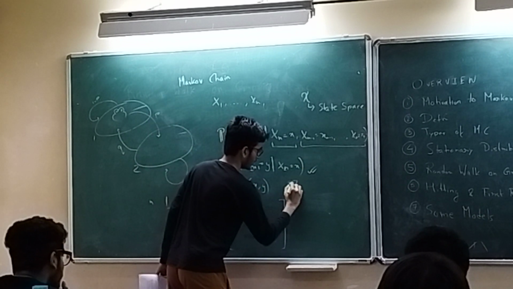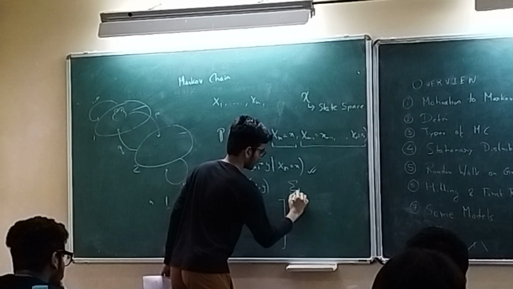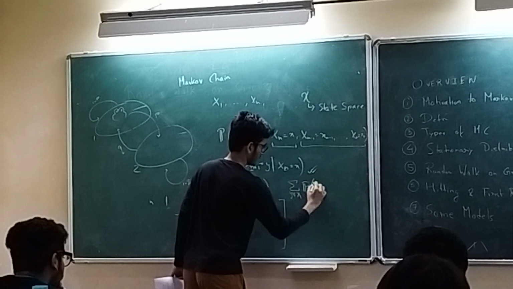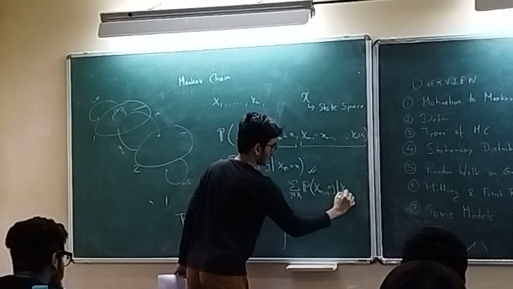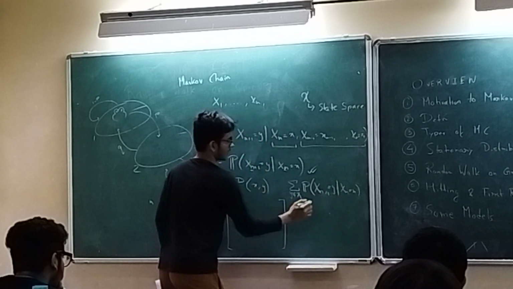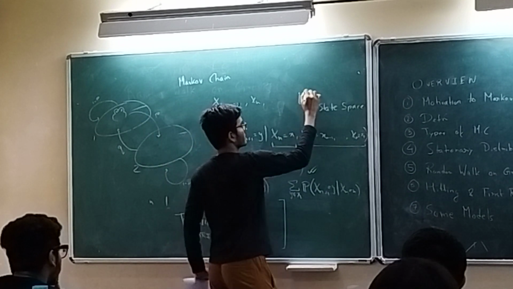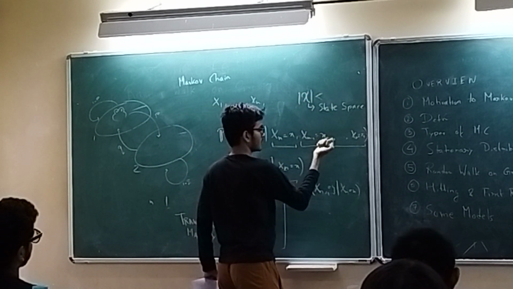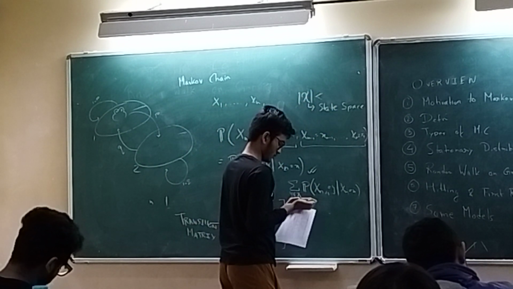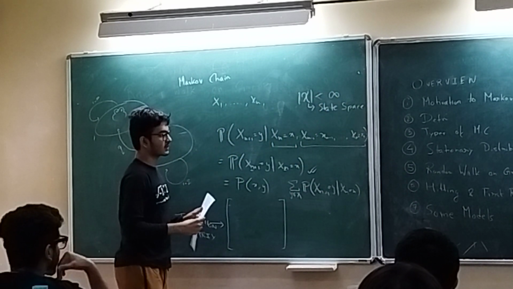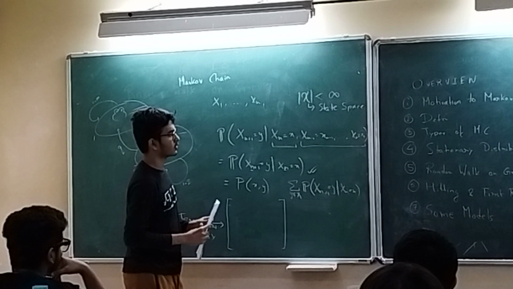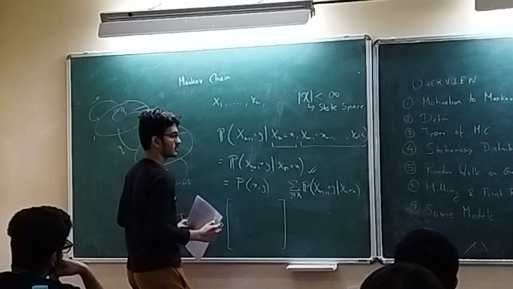So if I sum over all y, and I have taken this state space to be finite. So whatever we are going to discuss today will be finite only more or less, except some counter cases.